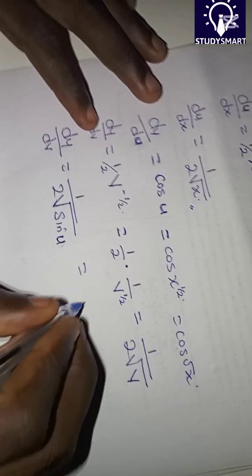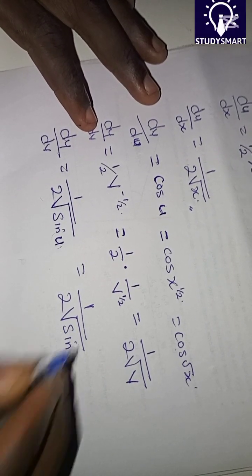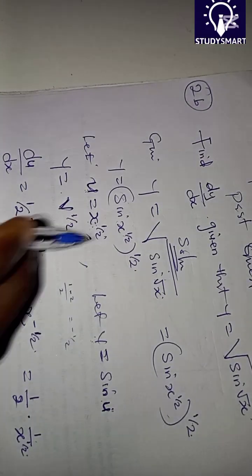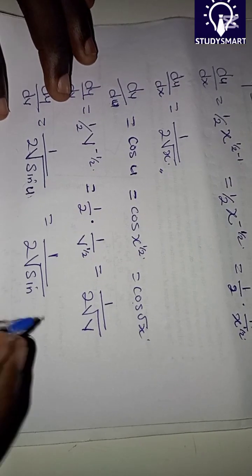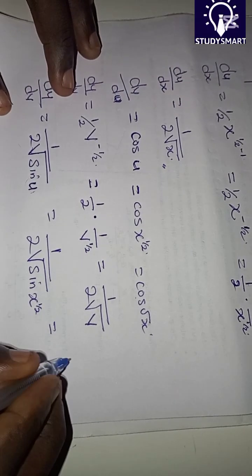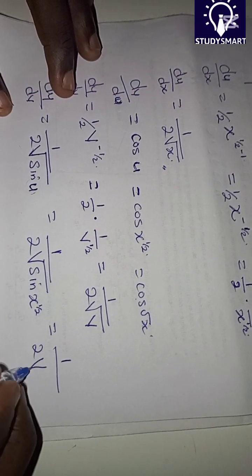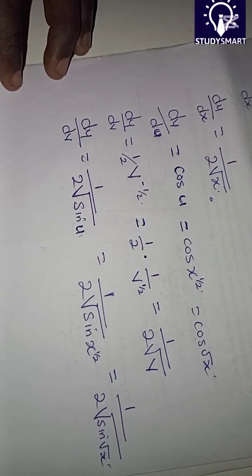So we substitute again to have 1 over 2 root sine of u. What's u? u is x raised to power 1 over 2, which is also the same thing as root x. So we have 1 over 2 root sine root x.